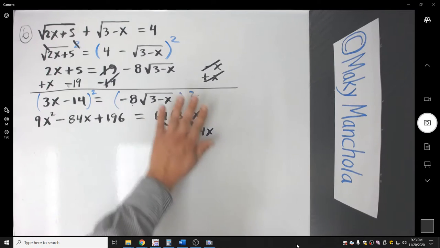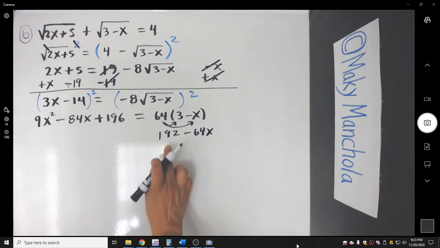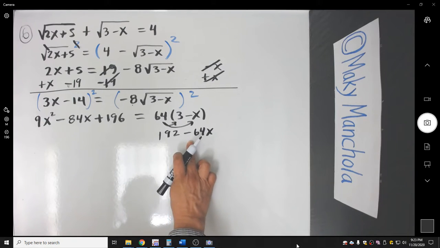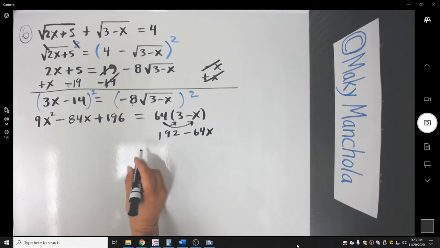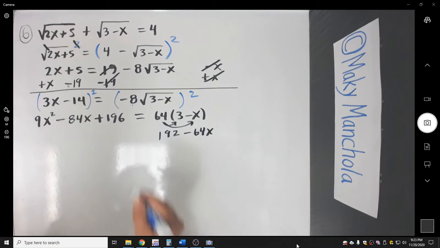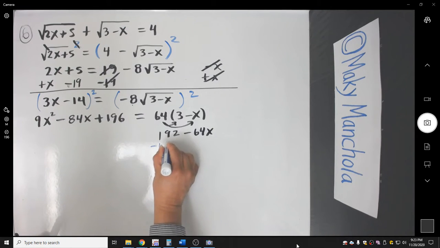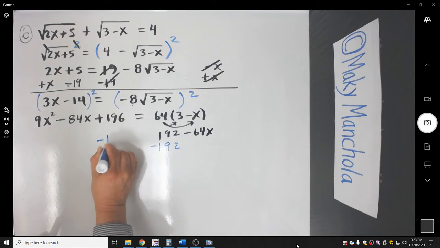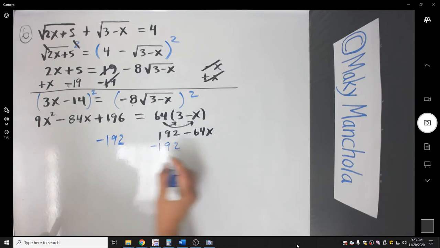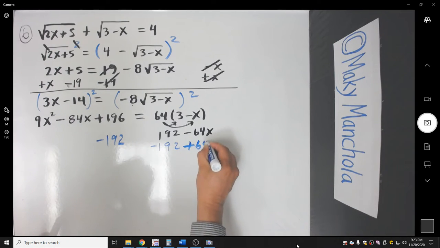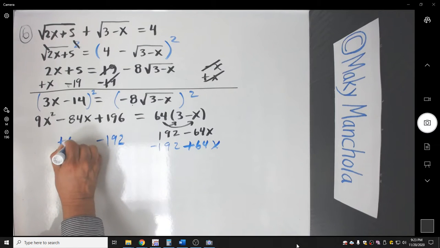So I want to make that side 0, so I'm going to subtract 192 on both sides, and I am going to add 64x on both sides. So subtract 192 on both sides. Add 64x on both sides.